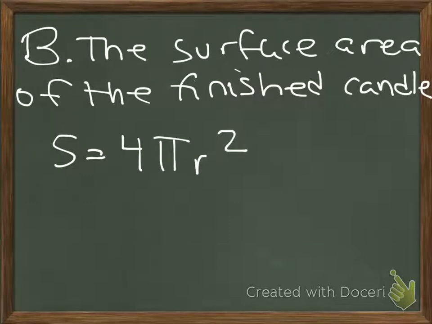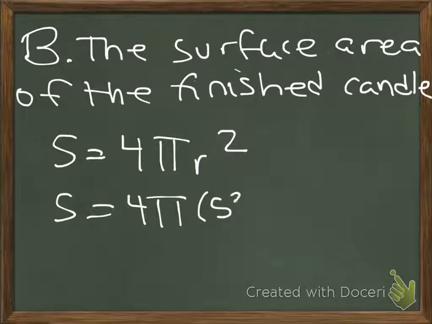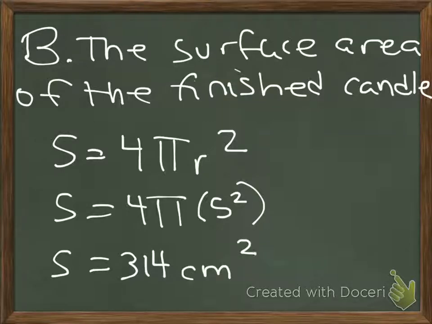Again, if we use half of the diameter, which is 5, we're going to do 4 pi times 5 squared, or 25, or 100 pi. 100 times pi gives us 314. And that we're going to label with centimeters squared.